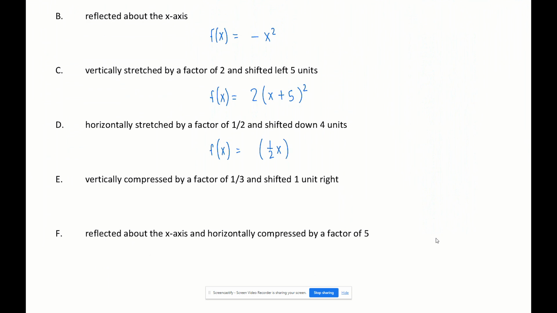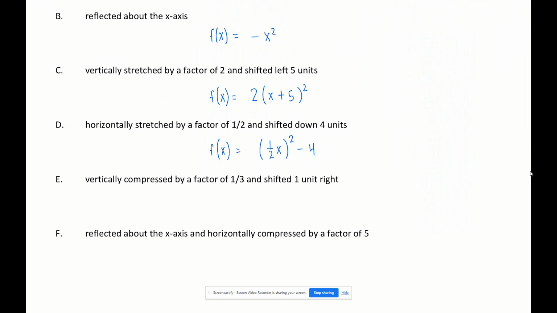It's vertical shift. So I've got my 1/2 x in parentheses with squared on the outside. Why? Because horizontal stretch has to happen inside. So there has to be parentheses. Now remember the rule with vertical shift. It is what it is. So when I think about down 4, I think negative 4. So sure enough, I put minus 4.